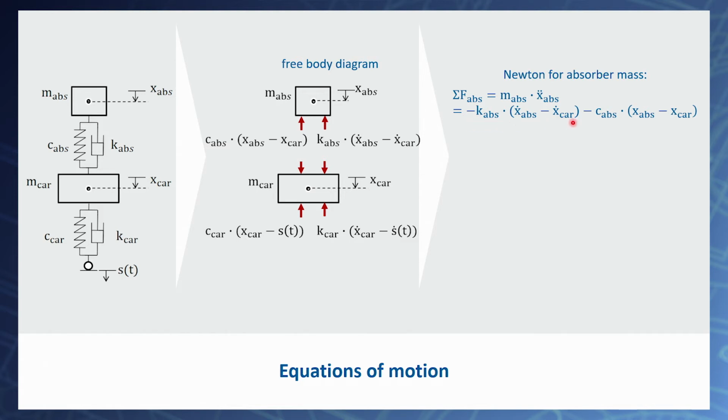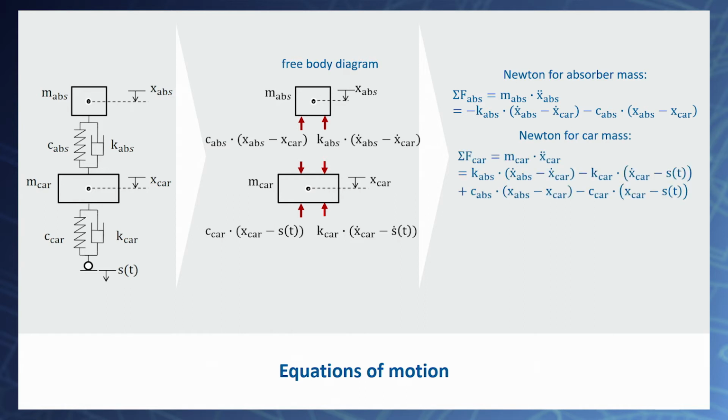So this is the damper force, and here we see the force from the spring, and obviously, as you can see from the free body diagram, these two forces are counteracting the coordinate of the absorber mass. That's why we have two negative signs in front of the forces.